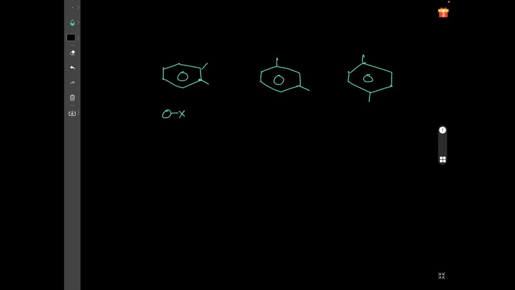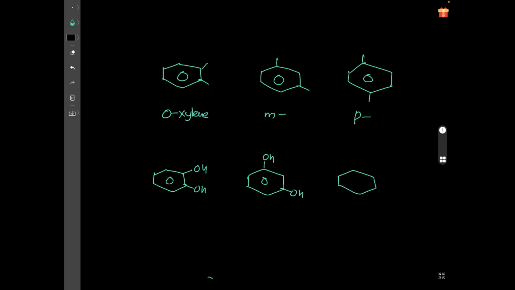This is orthoxylene, this is metaxylene, and this is paraxylene. Not only this, you can make some changes: 2 OH groups you can take catechol, 2 OH groups at meta position resorcinol, 2 OH groups at para position hydroquinone, or you say quinol.